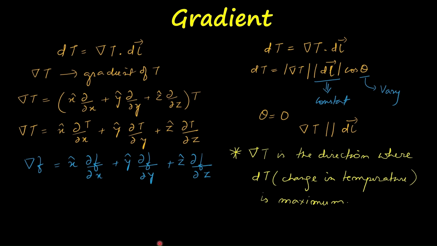So, what is the physical interpretation of the gradient of a scalar function? Gradient of a scalar function is the direction where the change of that particular function will be maximum. So, this is the physical interpretation of gradient.